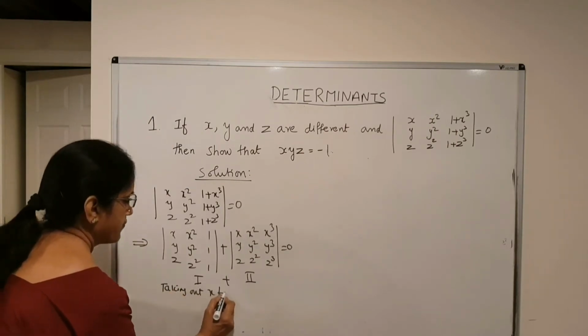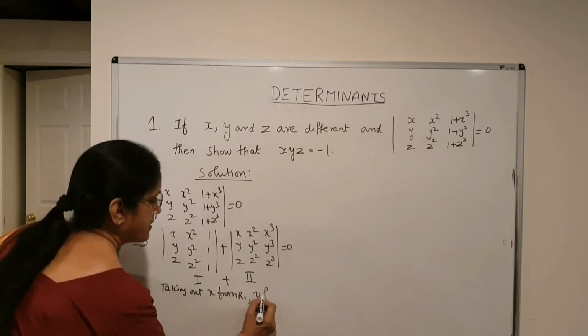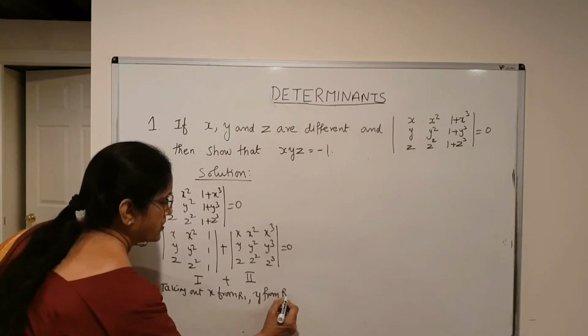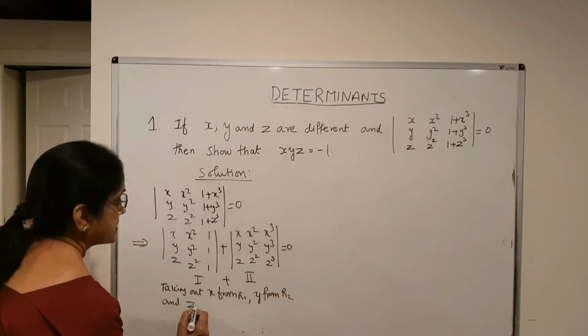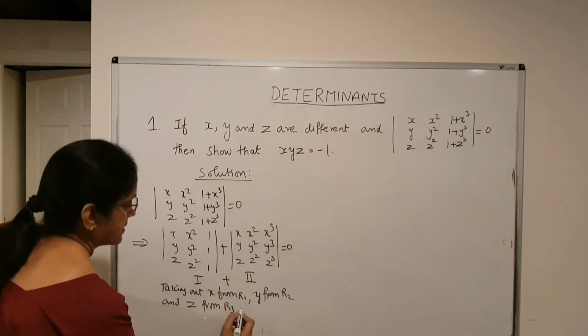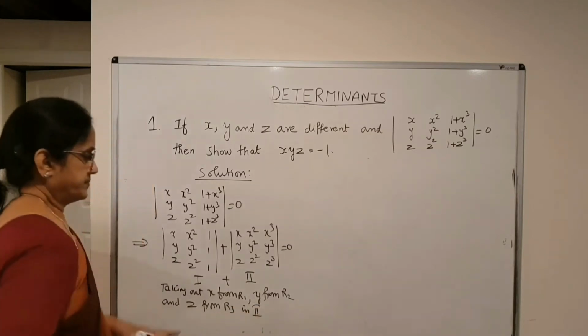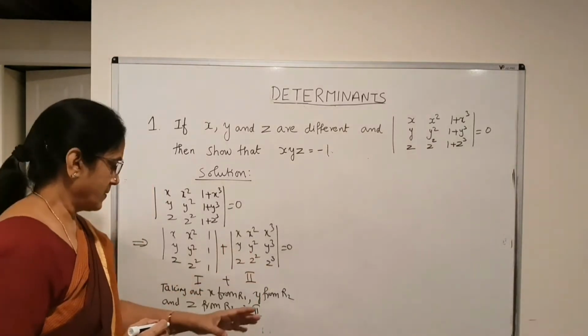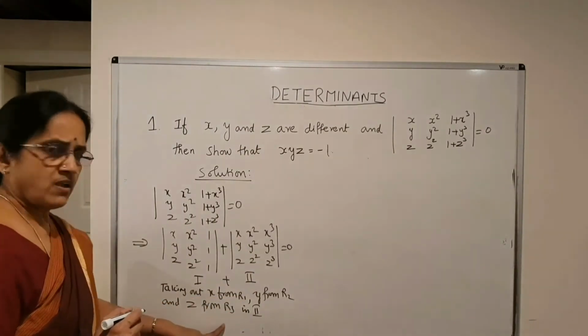In this second determinant, I take out x from R1, y from R2 and z from R3.